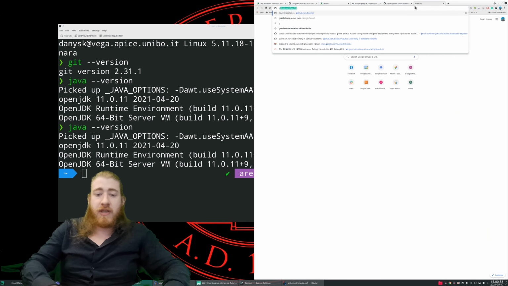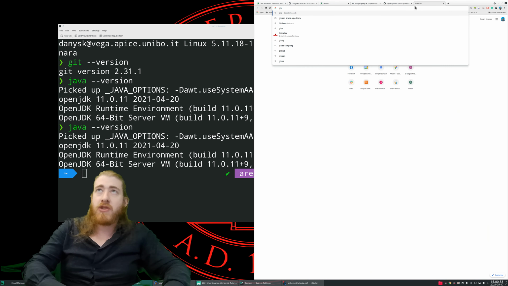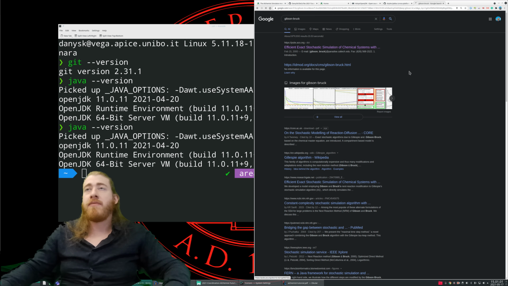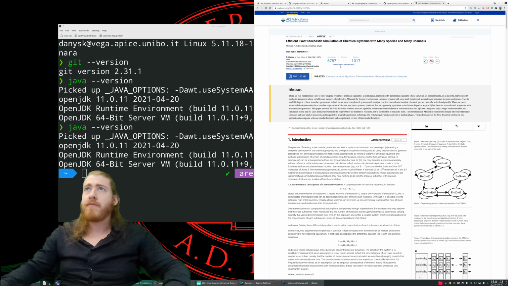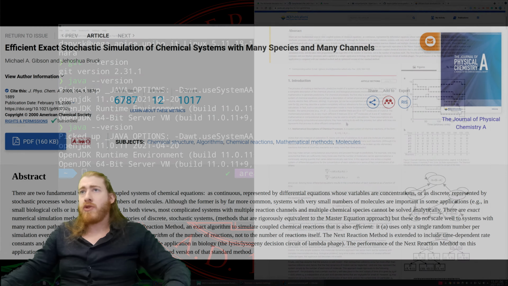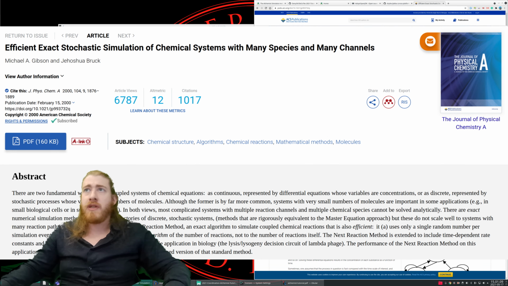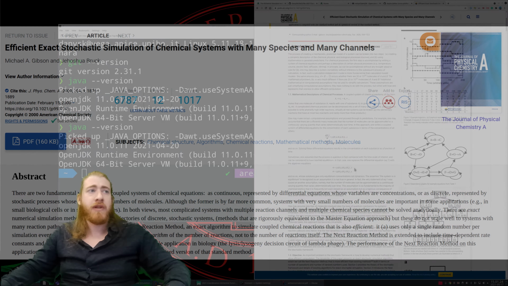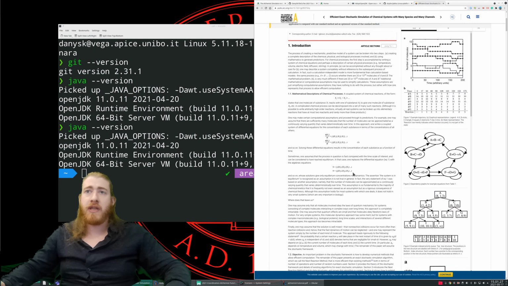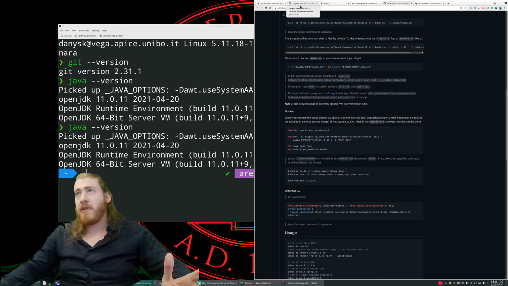There's the famous Gibson-Bruck algorithm from this paper, which introduces a method to optimize the well-known Gillespie procedure for simulating basically Markov chains that evolve with chemical reaction rules. Our system was similar at the beginning, so we tried to say, okay, let's start from that algorithm and let's expand it to support a richer system. Which kind of system did we need?